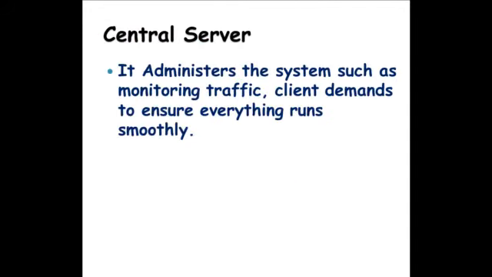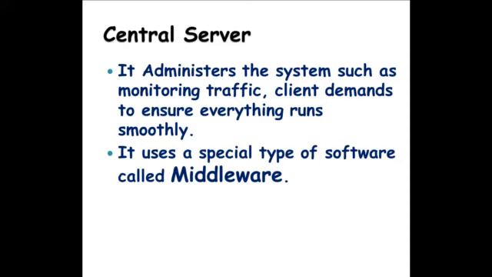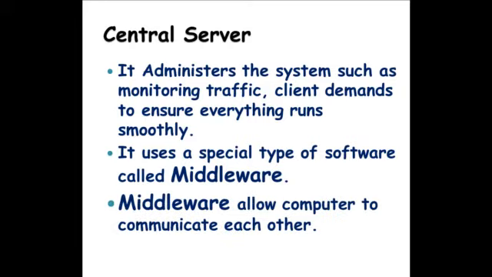A central server is an administrative server that monitors traffic and client demands to ensure that everything runs smoothly. They use a special type of software called middleware. Middleware also allows computers to communicate with each other.